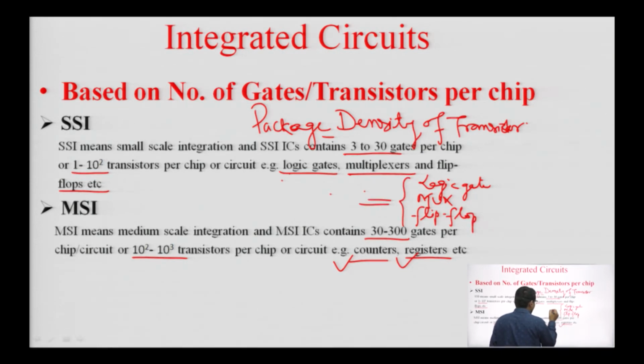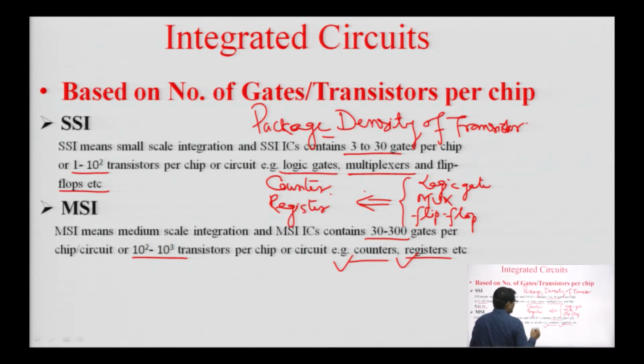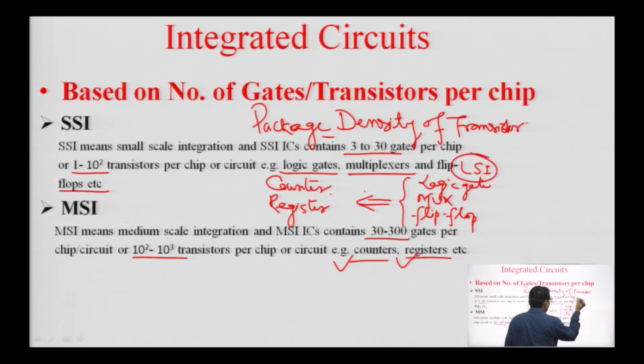When these are combined together, it gives the counter and register. When these are combined and the number of transistors or gates increases, then the next phase of technology is called MSI, medium scale integration.